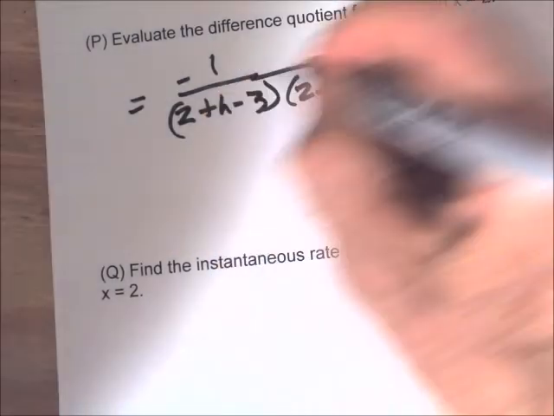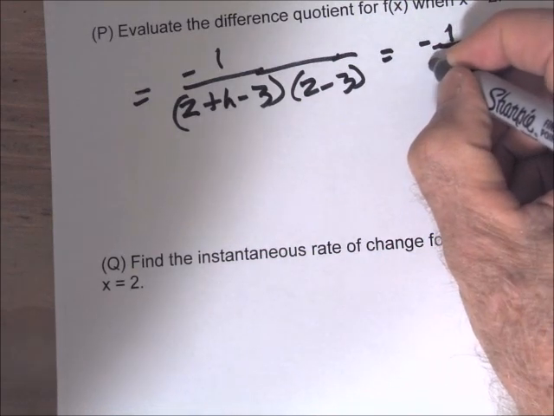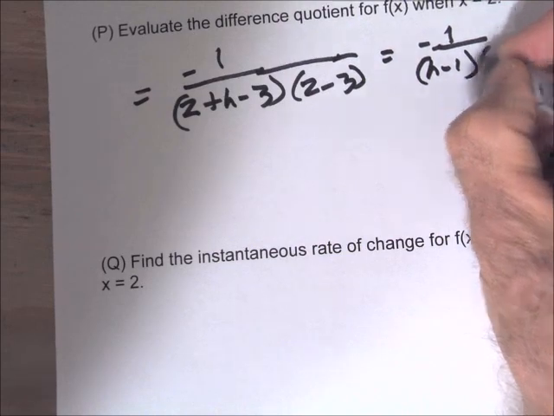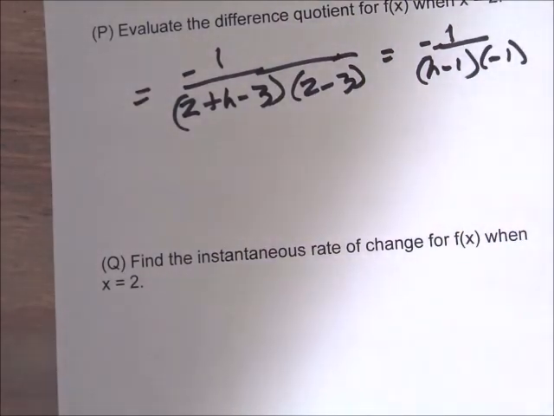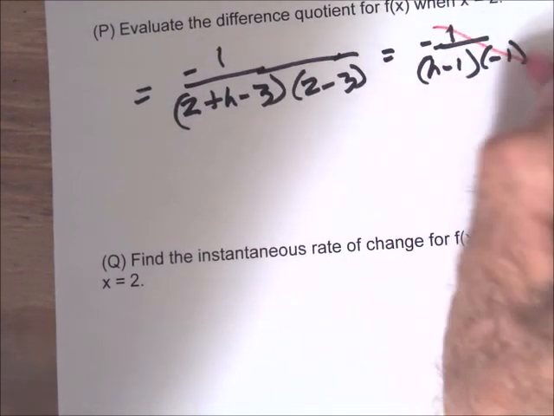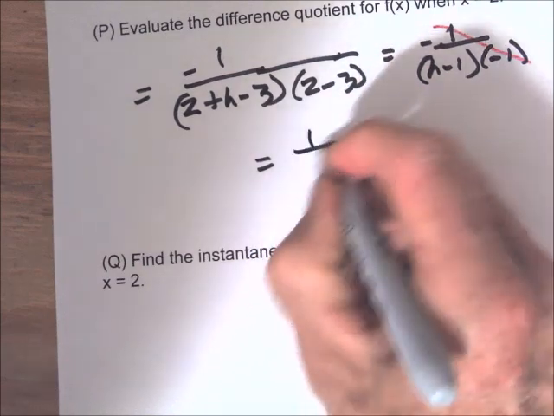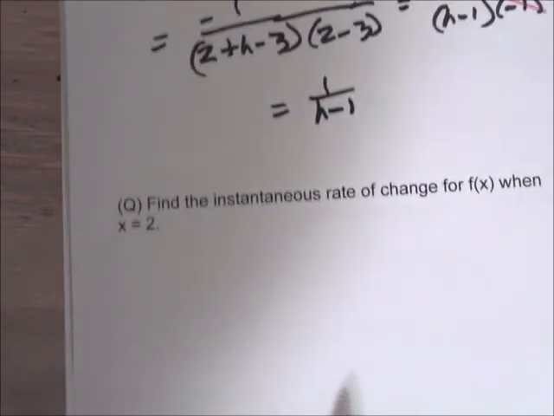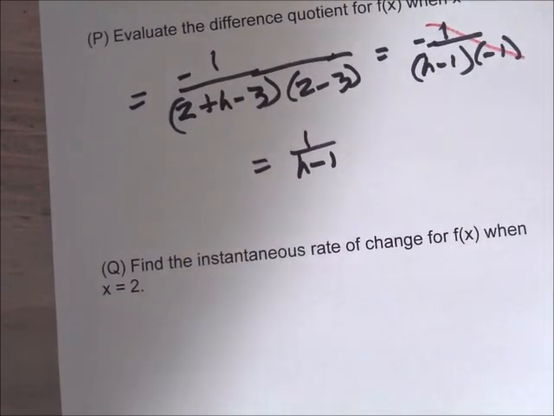So 2 minus 3 is negative 1. So it's negative 1 over h minus 1 times negative 1. The negative 1s will cancel. Negative 1 divided by negative 1 is 1. So this is just 1 over h minus 1. And then the instantaneous rate of change is going to be the limit as h goes to 0.